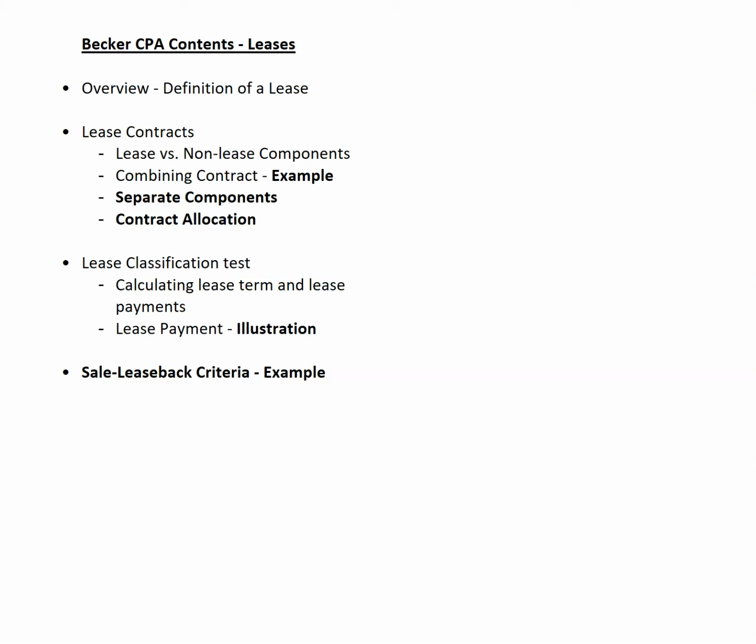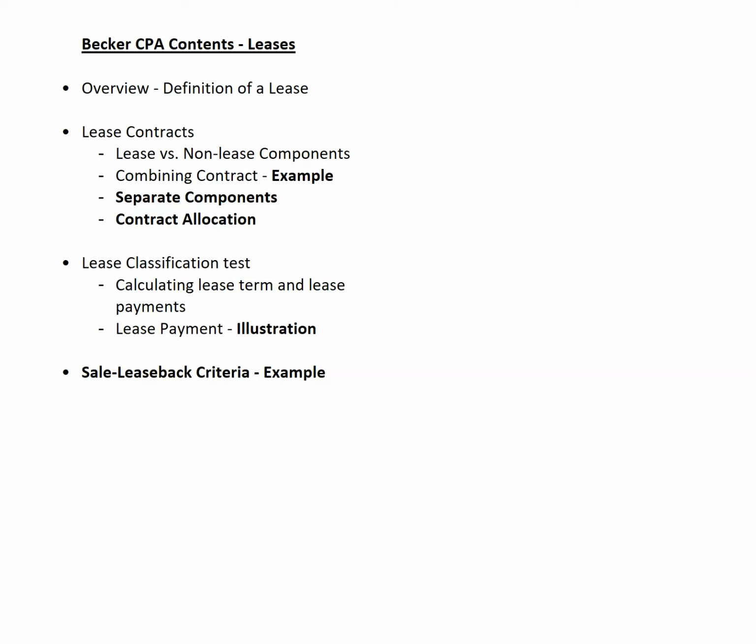On the other hand, you can separate those contracts if you see that the benefits the lessee is getting from those contracts could be separate, that means on a stand-alone basis as well as together. And if those contracts are not highly dependent or highly interrelated, then we could separate those contracts. Now, for a contract, you might have both lease and non-lease components, and there are two ways to deal with those.